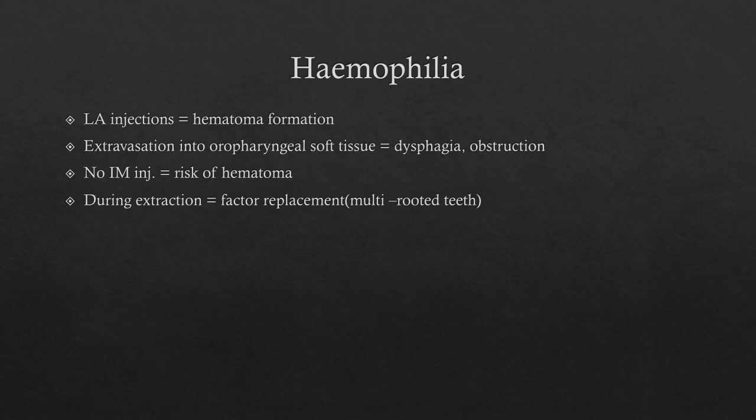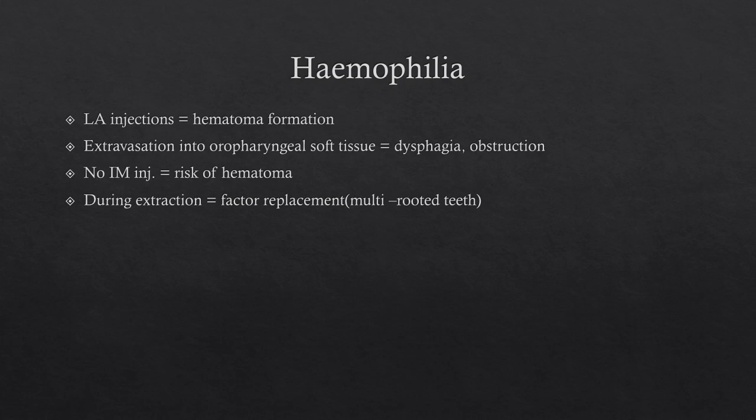In hemophilia, injections can cause hematomas, so you have to be careful while injecting the patient. No intramuscular injections. Extravasation into the oropharyngeal soft tissue can cause a hematoma so large that it can obstruct the airway or cause dysphagia, so we have to take that into account.